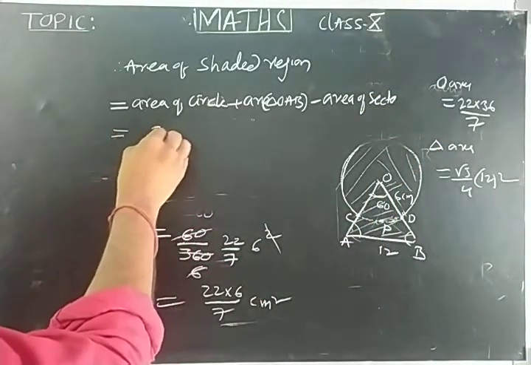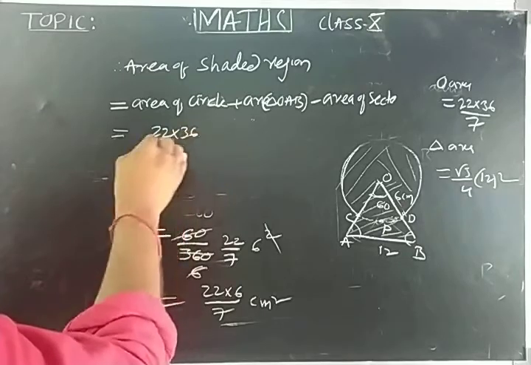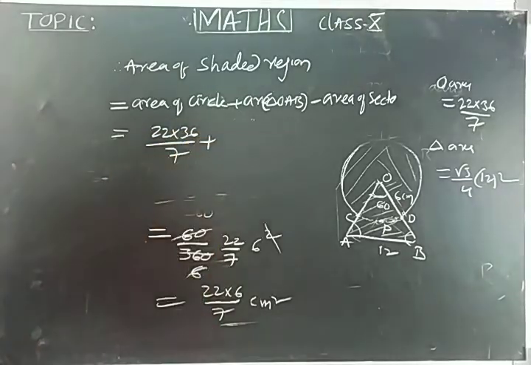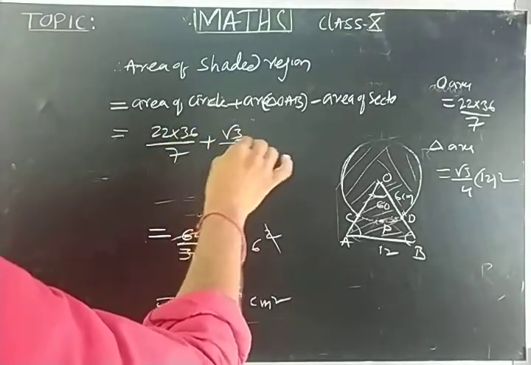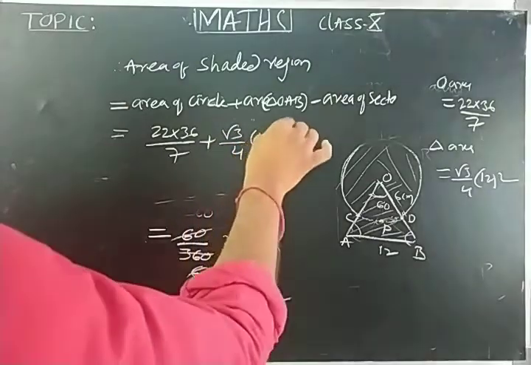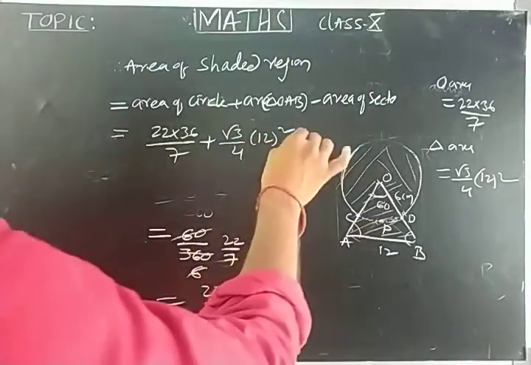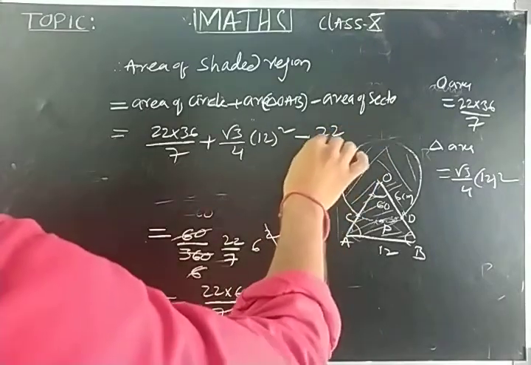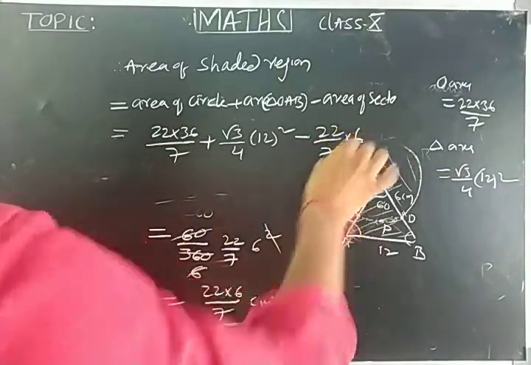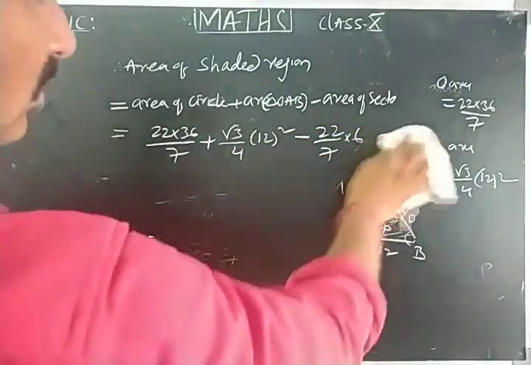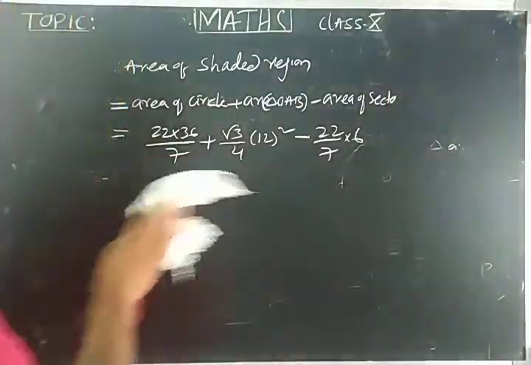What we got? 22 into 36 by 7 plus area of OAB, root 3 by 4 into 12 square, minus area of sector, 22 by 7 into 6. Right? Now I am going to simplify this.